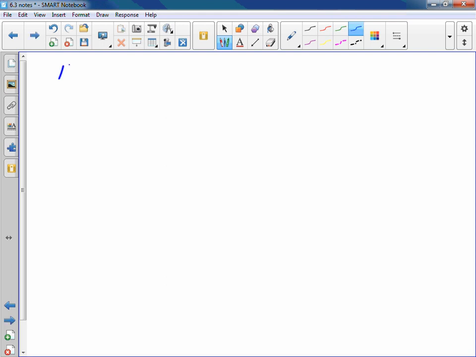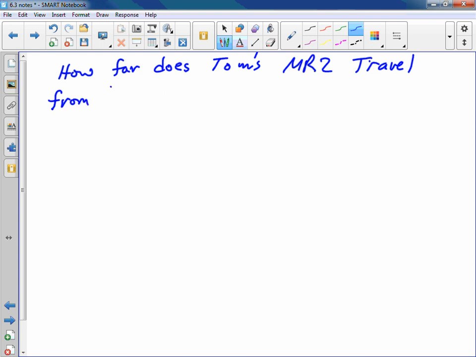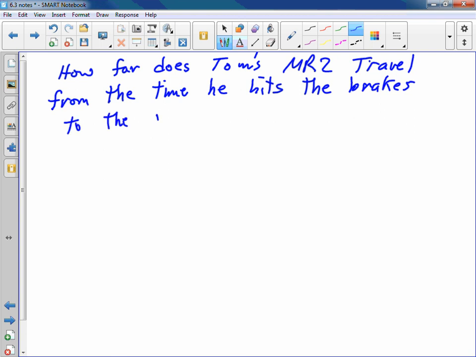How about how far does Tom's MR2 travel from the time he hits the brakes to the point he stops?